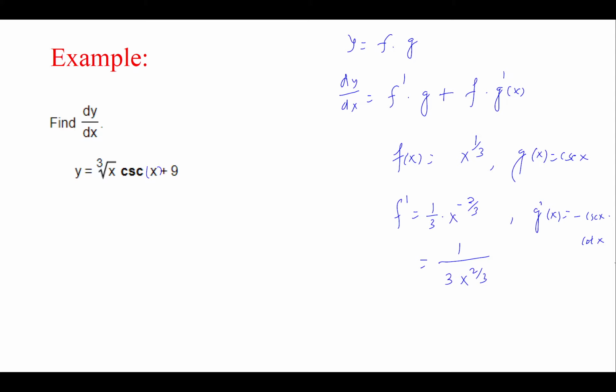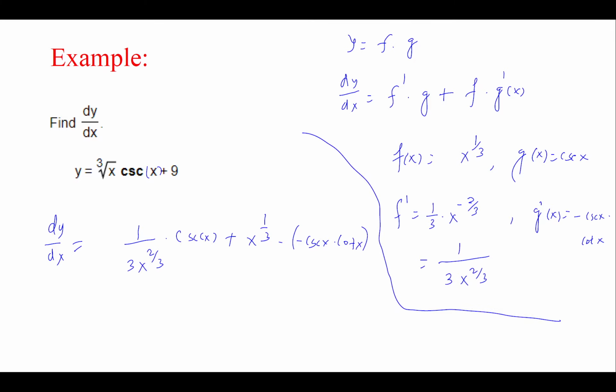We are going to use these values f, f prime, g, and g prime in the formula. So f prime, which is 1 over 3x to the power 2/3, times g of x, which is cosecant x, plus f, which is x to the power 1/3, times g prime of x, which is negative cosecant x times cotangent x.